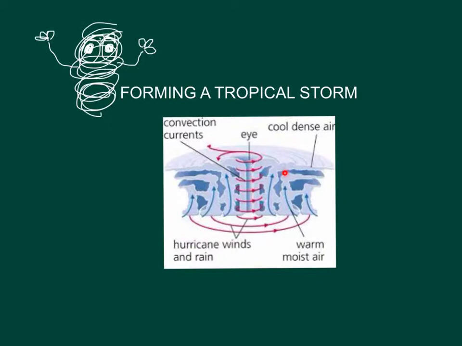As you can see, these are convection currents that spin around the eye. On the top, there is cold, dense air, and on the bottom and in the middle, there is warm, moist air. This causes very low pressure in the hurricane, which gives the very stormy, rainy conditions.